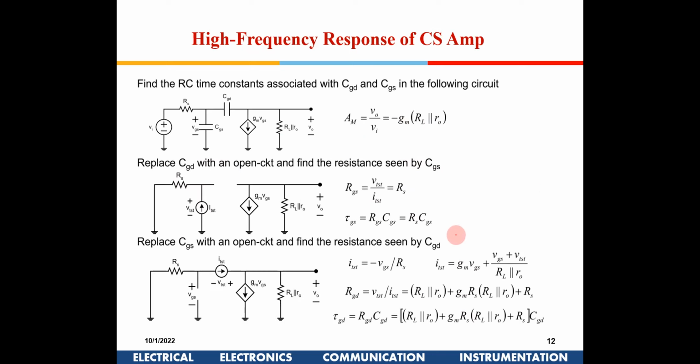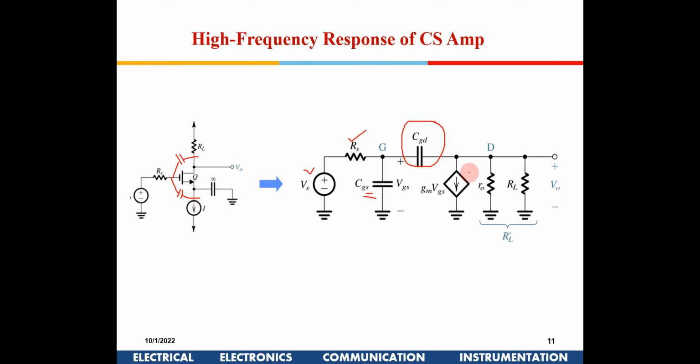Now for this CGD, if I want to separate it into two, I can cut it from here and put one more capacitance here, and this value will be CGD into gm RL dash. What is gm RL dash?